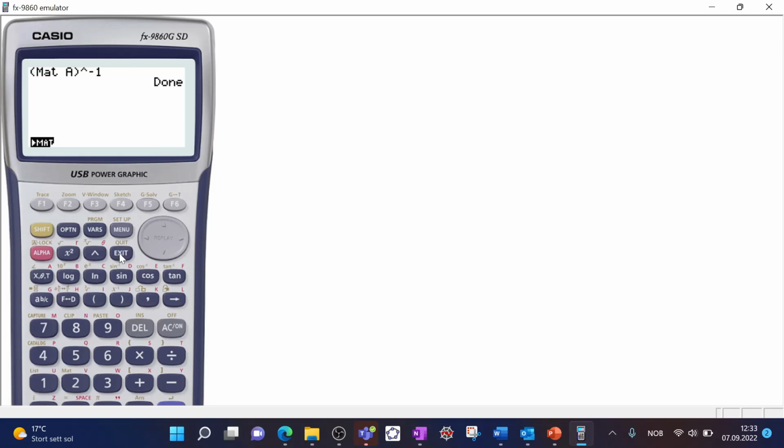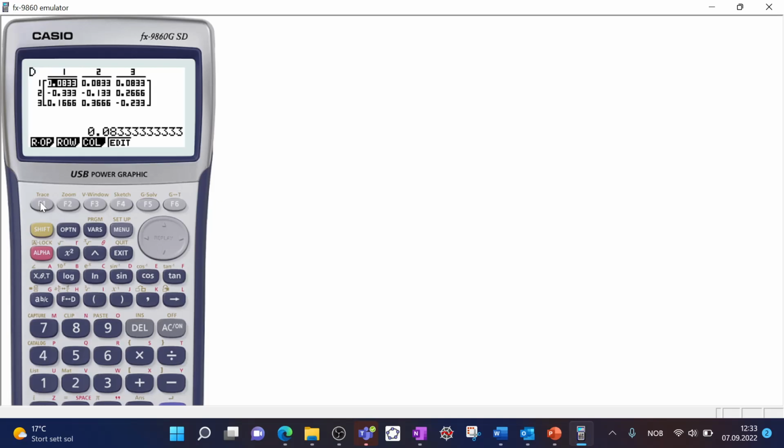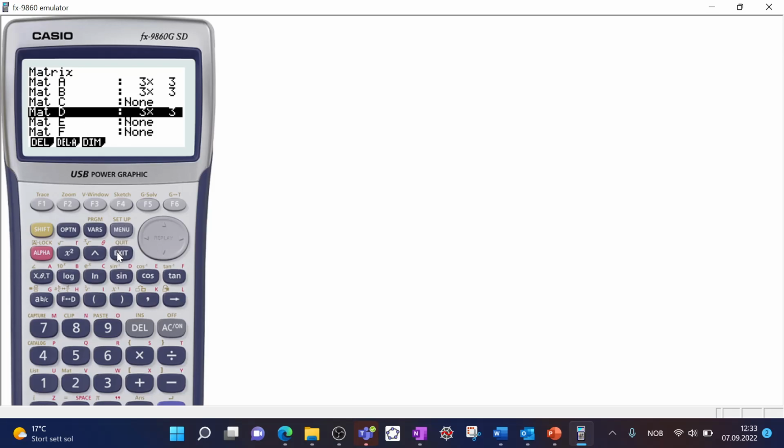If we go back to the matrix list, you can see that I've actually entered the answer matrix. So this is the inverse matrix as matrix D here.